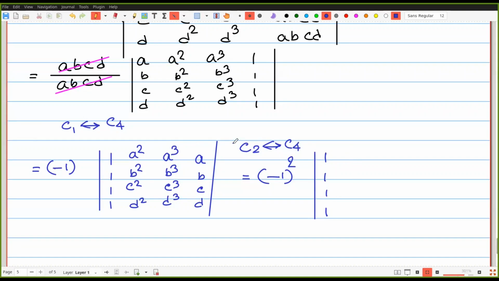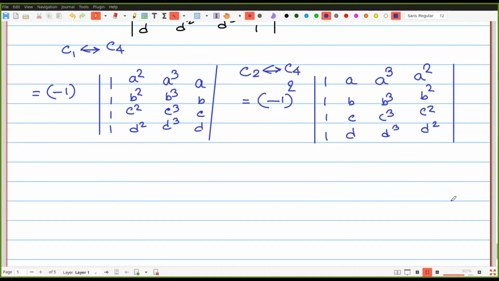Column 2 is now column 4, so A, B, C, D. Third column is A cube, B cube, C cube, D cube. Fourth column is A square, B square, C square, D square. Okay. Now looking like same as delta 1 but not delta 1.